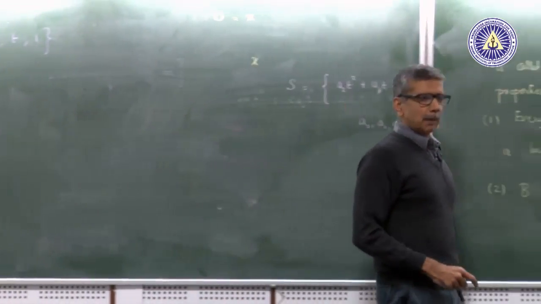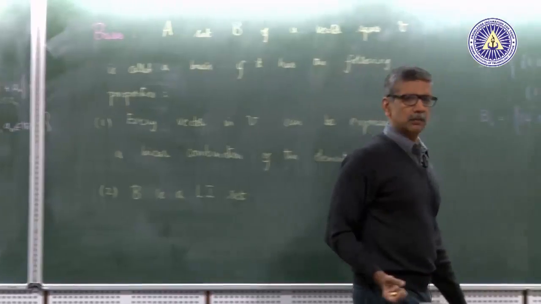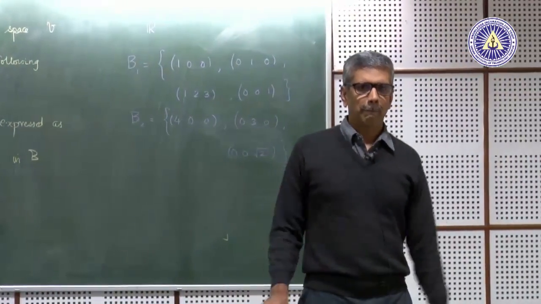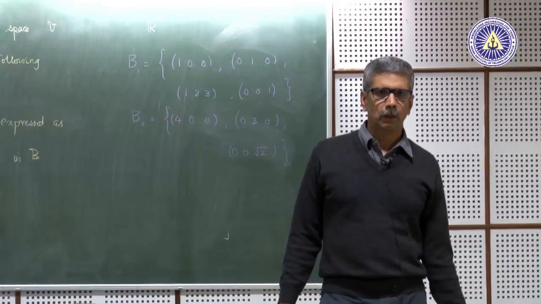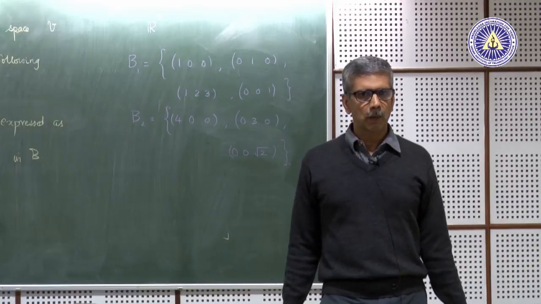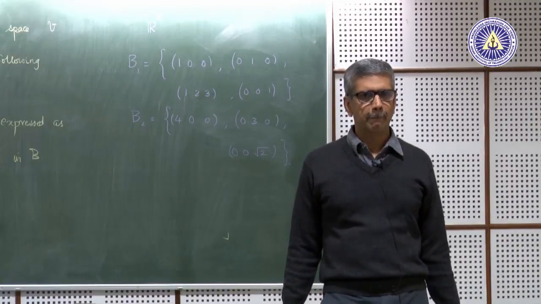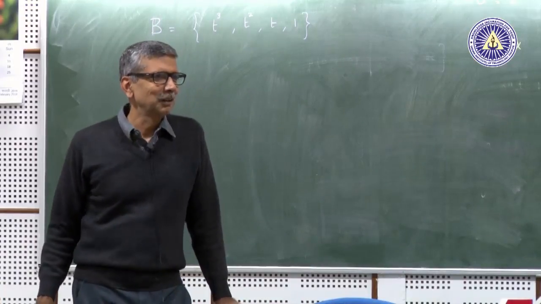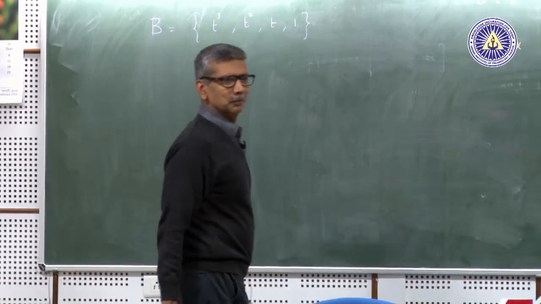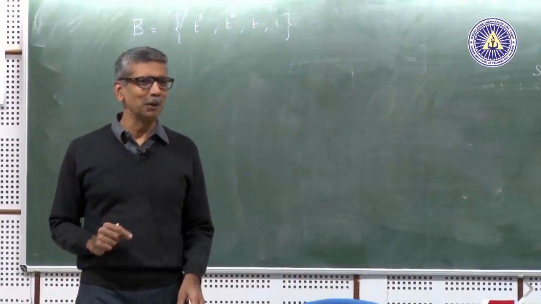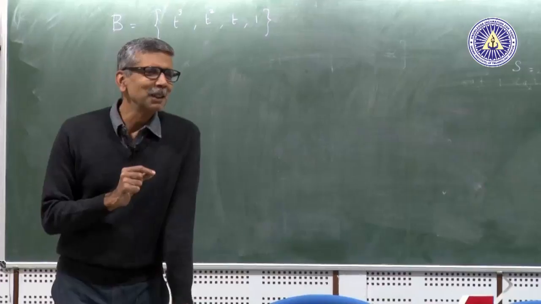I gave you the example of a vector space of continuous functions. Can you give me a basis for that? Continuous functions on the interval 0, 1. Yourself? Not sure. Okay. There seems to be some problem now with continuous functions. Why?